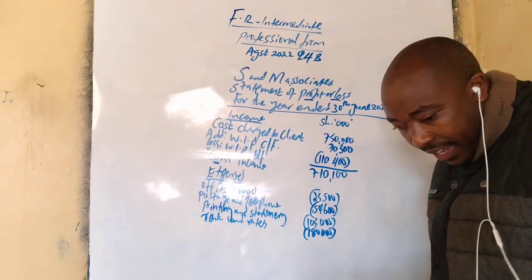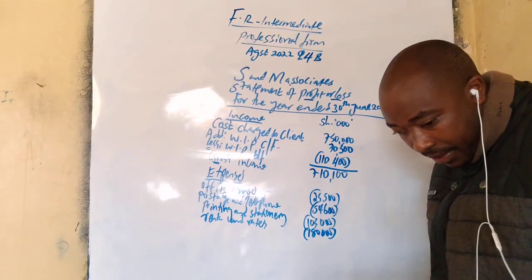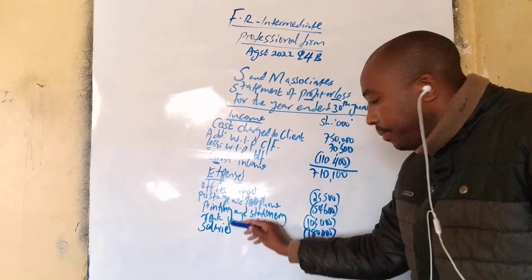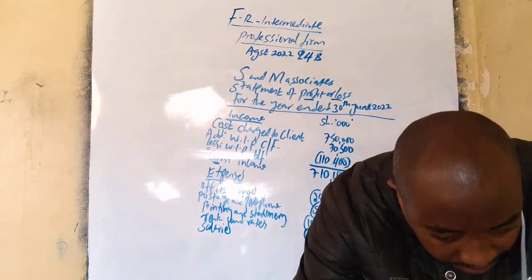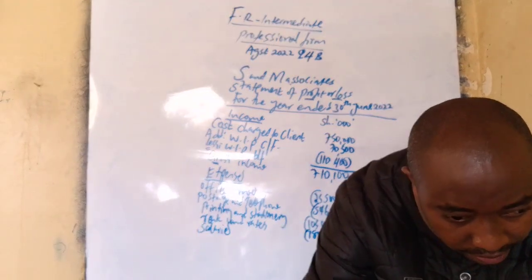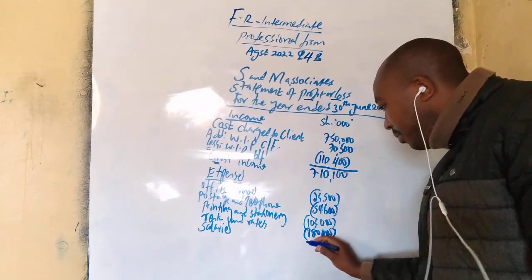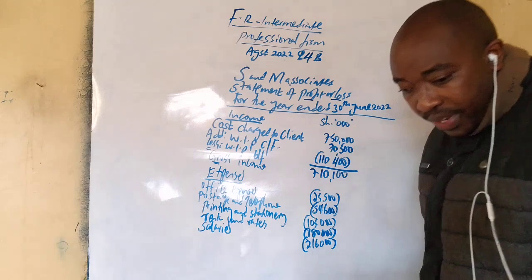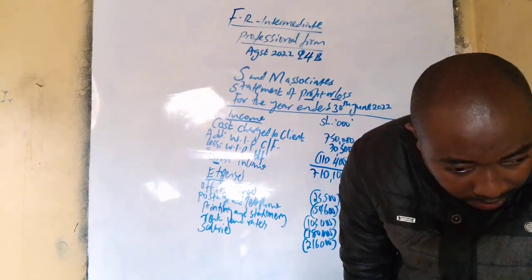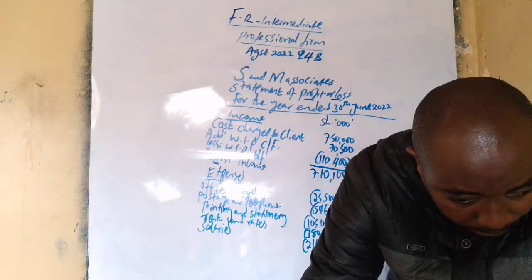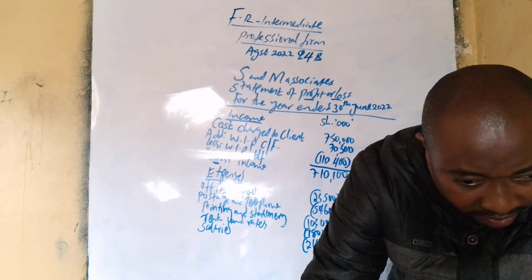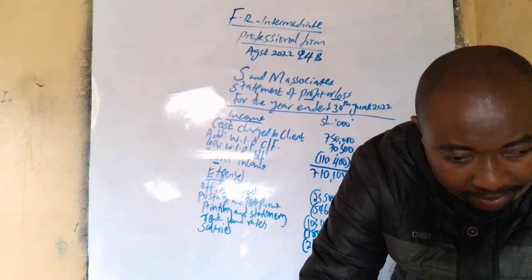We have salaries and wages. And these salaries and wages amount to 216,000. That is salary to staff, 216. We have another thing there called bad debt, and this is bad debt written off according to note number 1.